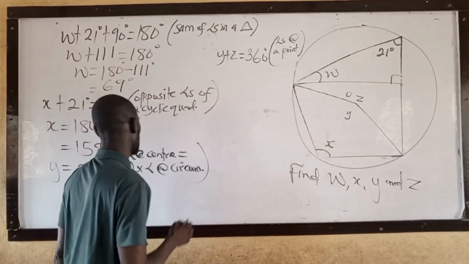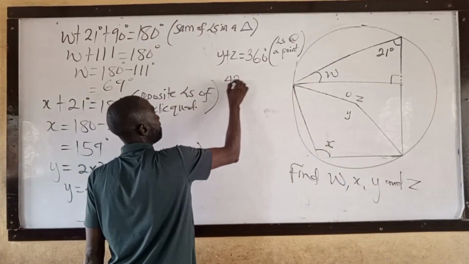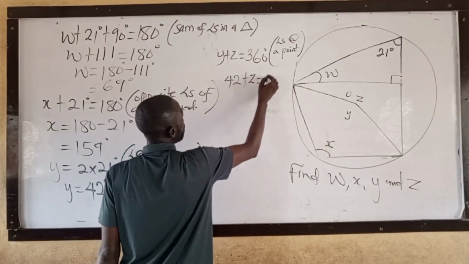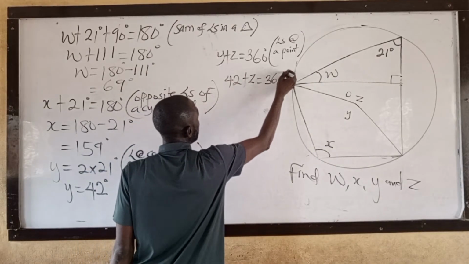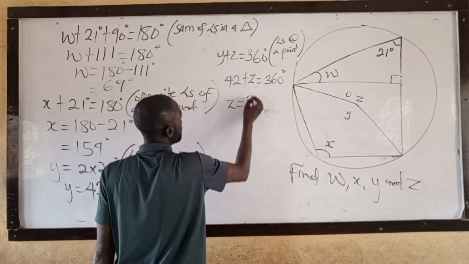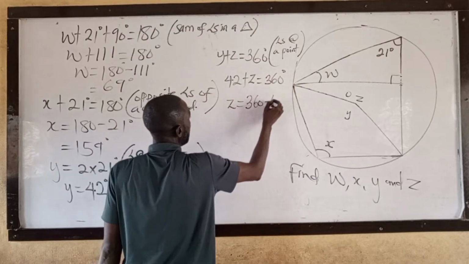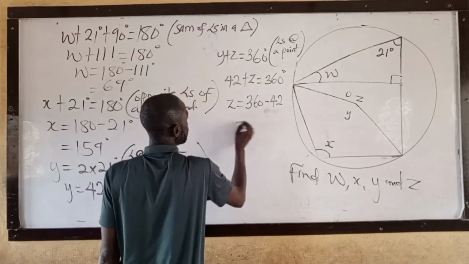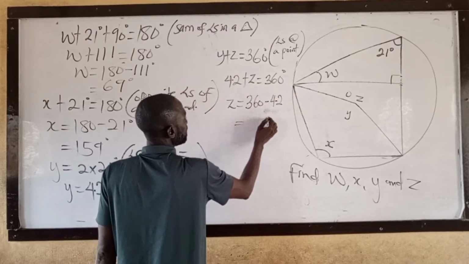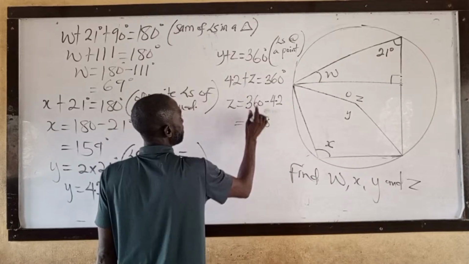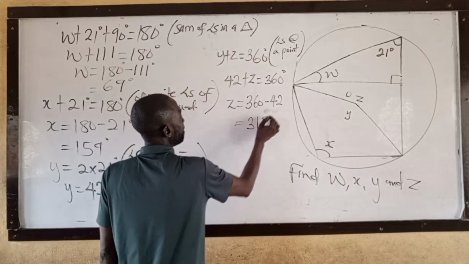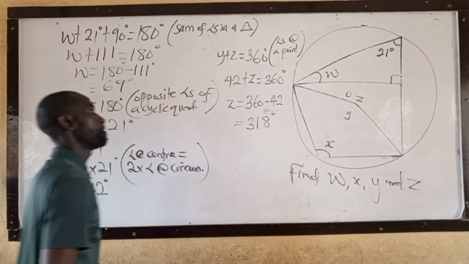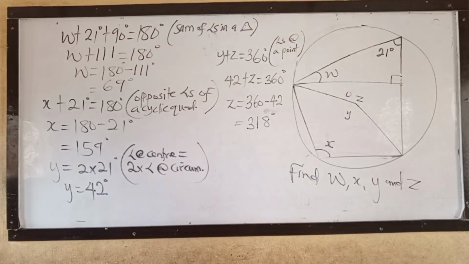So Z will be 360 minus 42, which is 318 degrees.